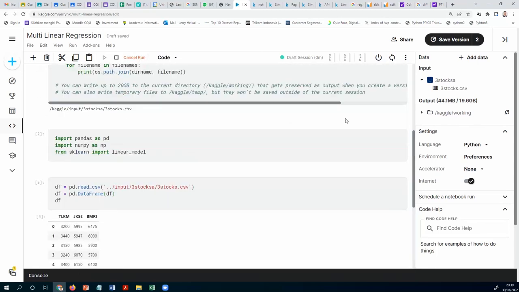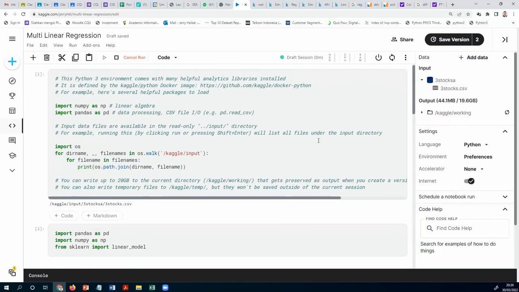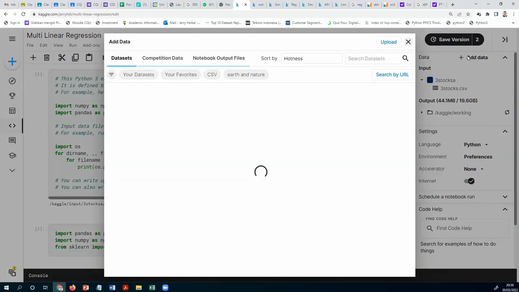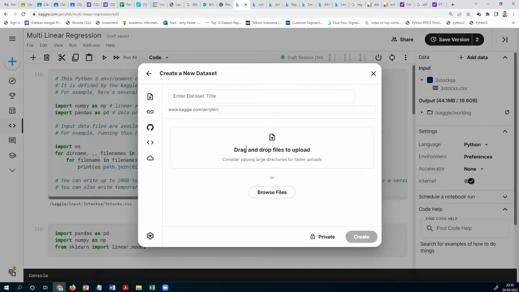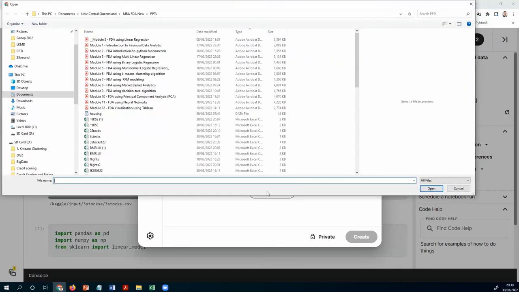Okay, and then add data. Previously I did not use the return. Now I use the return; previously we used the closing value.